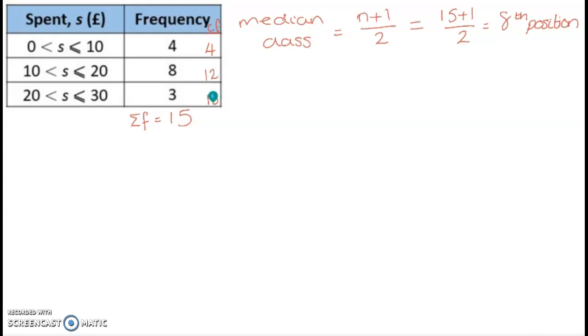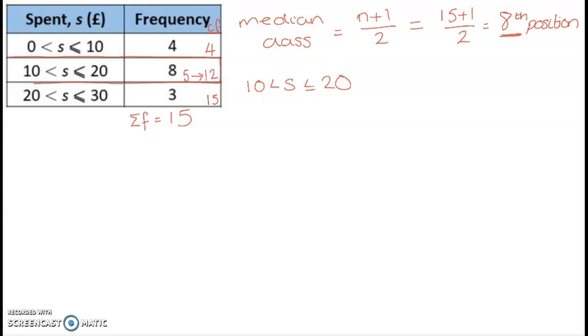So the 8th person represented on this table is somewhere between 5 and 12, and they are in the £10 to £20 category. So my median class is £10 to £20.